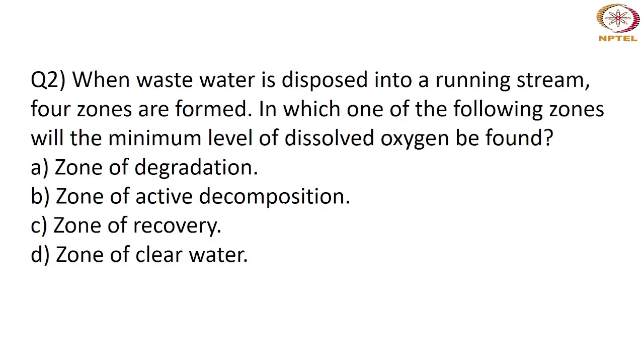So the next question is a theoretical question. When wastewater is disposed into a running stream, four zones are formed, right? In which one of the following zones will the minimum level of dissolved oxygen be found? So maybe the zone of degradation, the zone of active decomposition, zone of recovery, or the zone of clear water.